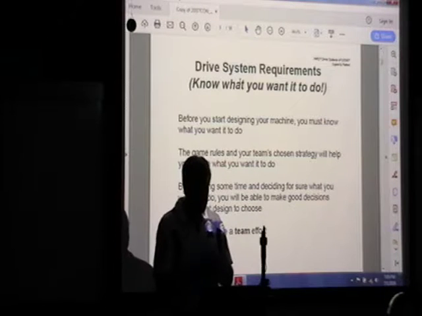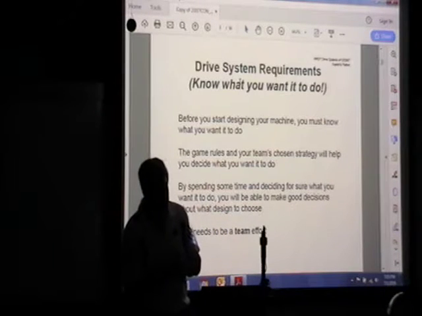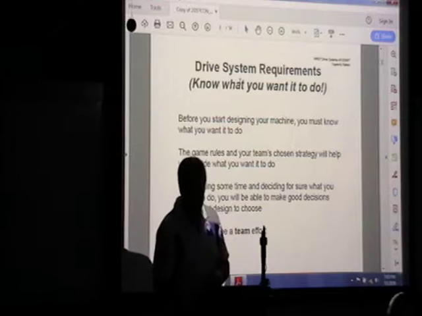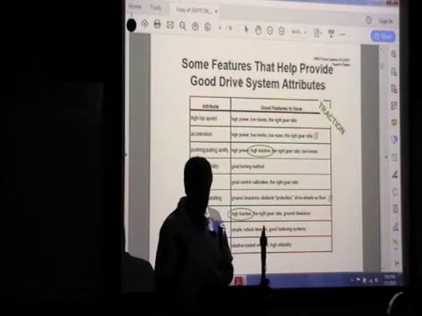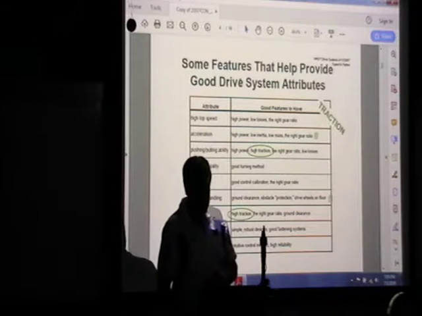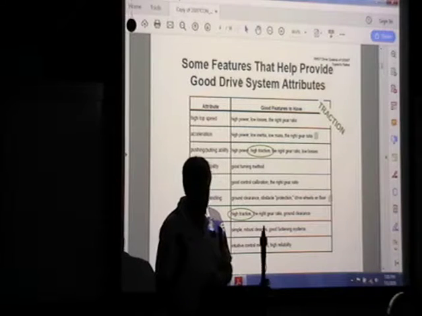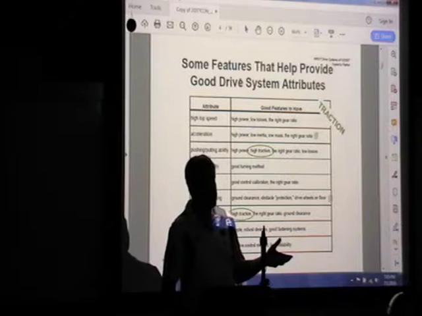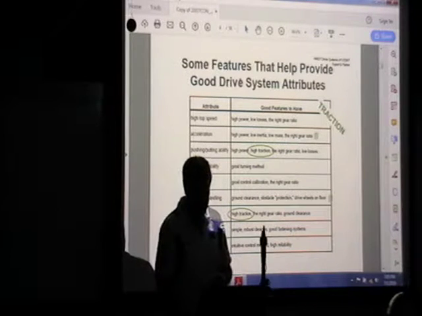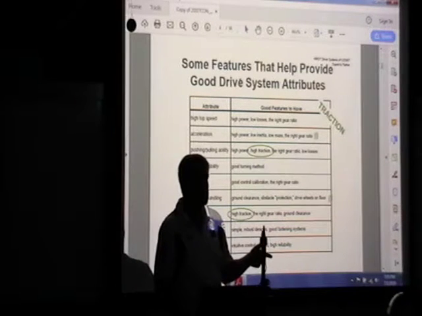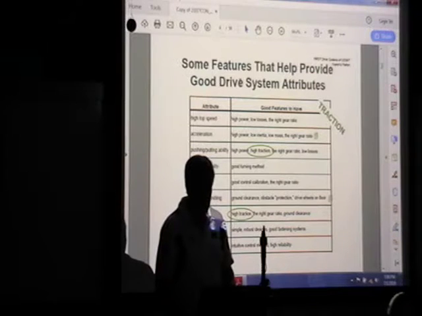What they talk about basically is how you design your drive system. Within here they talk about some of the motor attributes and the gearing which needs to go to that motor. They talk about traction, which is really important with drive systems. I think we'll touch again on some of these in a later topic for this lecture series when we start talking about drive systems.